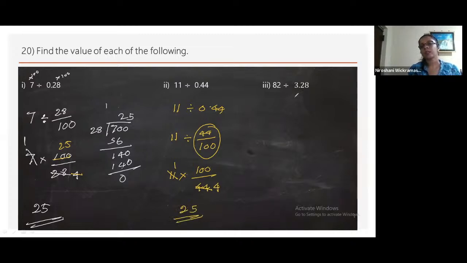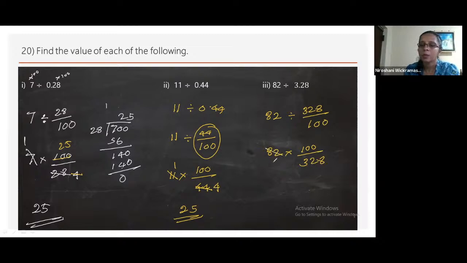Right, now look at this: 82 divided by 3.28. 82 divided by 328 over 100. I multiply this by 100: 82 into 100 over 328. Can we cancel?